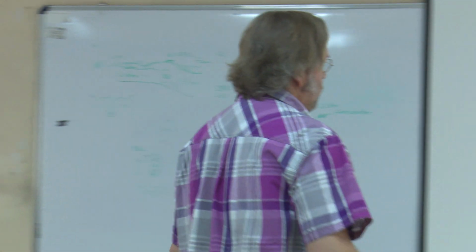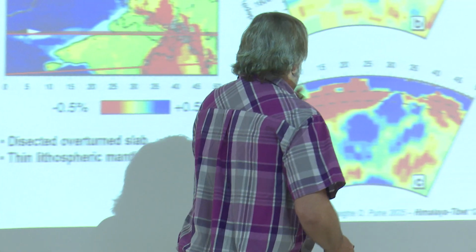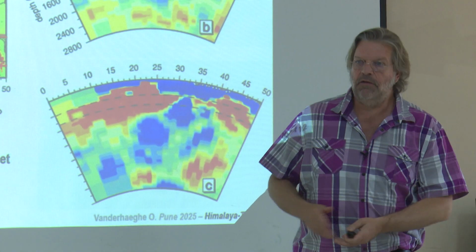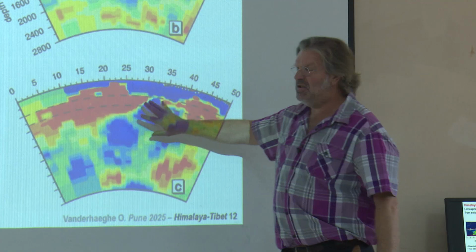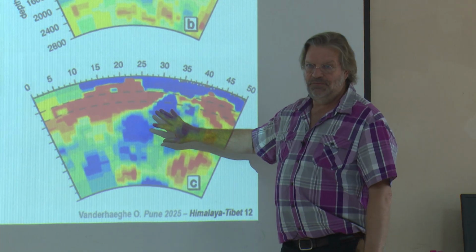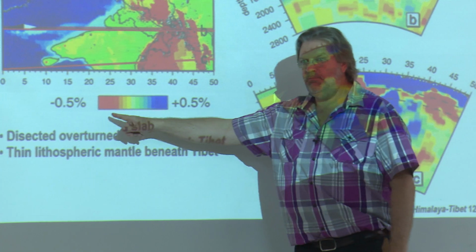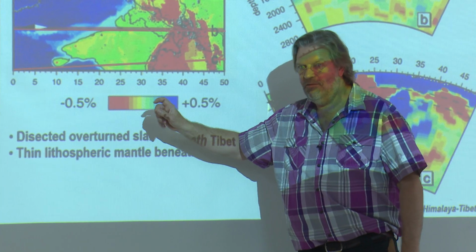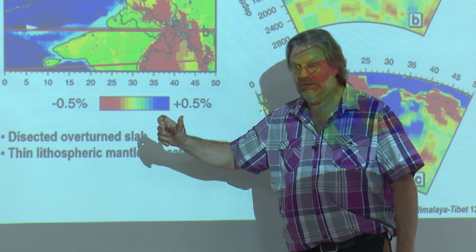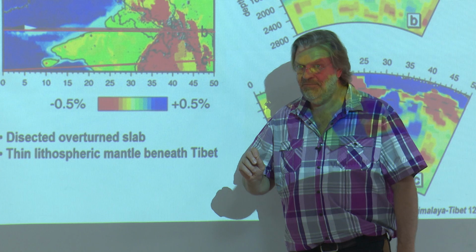Wouldn't it contradict the fact that the Indian lithosphere is much more rigid than the Eurasian? Yeah. Well, to be honest, I think these images are difficult to interpret. Look at it. It's plus or minus 0.5% velocity difference. That's not very much.